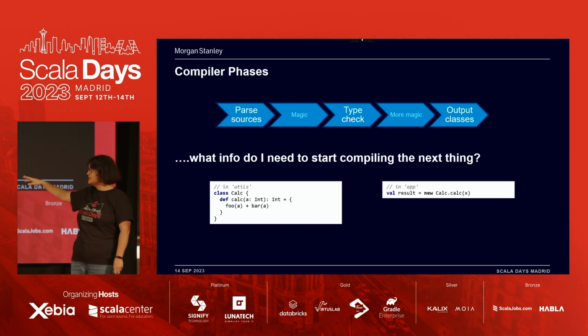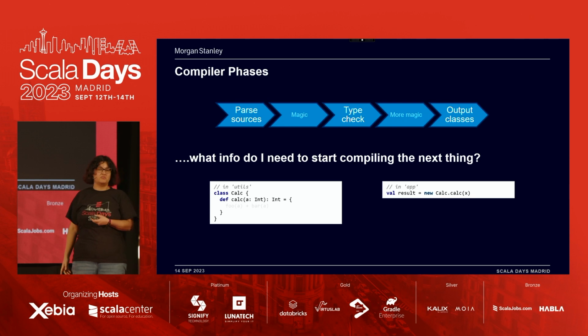I don't need to wait for the compiler to compile the entirety of utils. I don't really care what the implementation is about. If utils doesn't compile, sure, I wasted a little bit of my time, but I'm parallelizing more, so I've saved some time. And this is exactly what a special mode of the Scala compiler does.